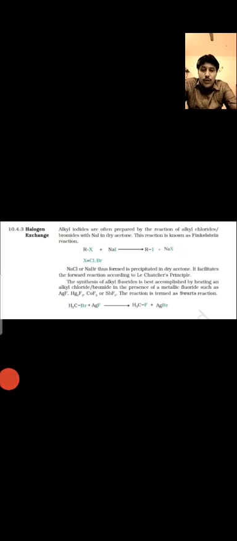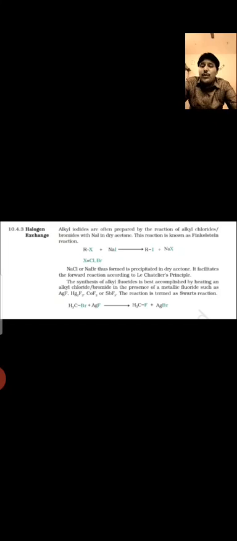So when alkyl chloride or bromide is treated with a metallic fluoride, and these metallic fluorides are such as AgF, Hg2F2, CoF2 or SbF3, then it gives alkyl fluoride and one byproduct. If you start with a fluoride and alkyl bromide, suppose it is silver fluoride, then the byproduct is silver bromide.